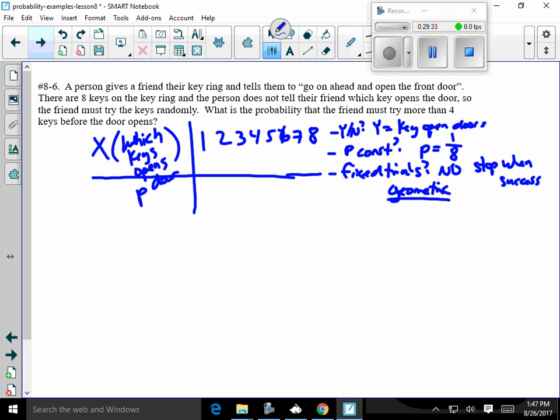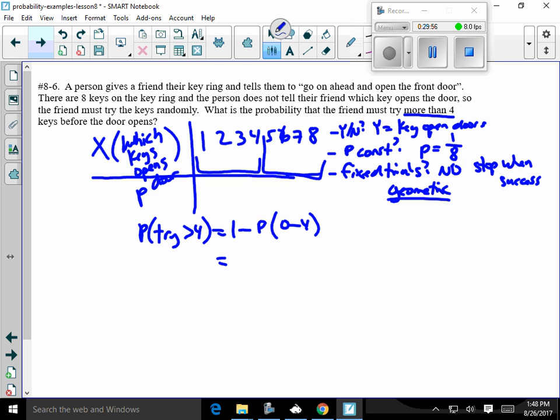So we're trying to find the probability that the friend must try more than 4 keys. So more than 4 keys would be this part of the distribution from 5 on up to 8. So I'm going to use the fact that they add up to 1 and say the probability that we have to try more than 4 is going to be 1 minus the probability that we try up to 4.